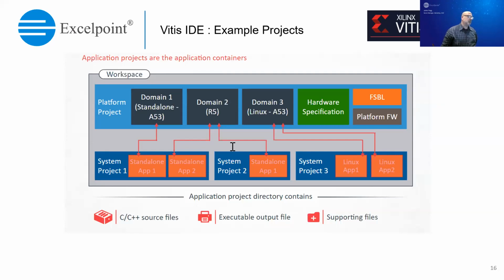Can the bit stream be loaded from two sources? My understanding is the bit stream can be loaded from an SD card, from quad SPI, from eMMC. Can you expand on that question?